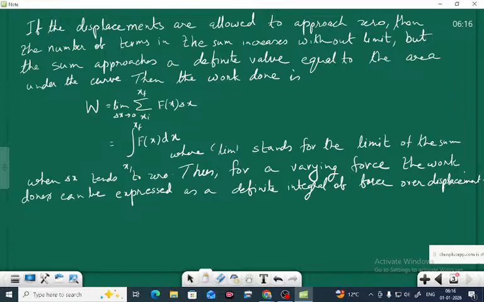So you are getting this one, integration Fx dx, where x varies from xi to x final.